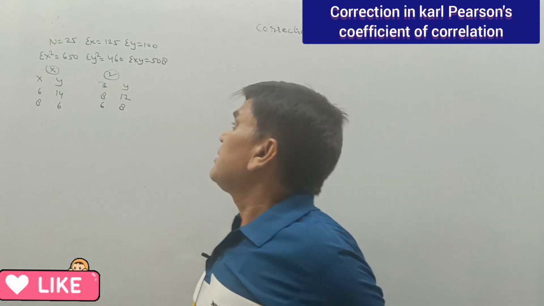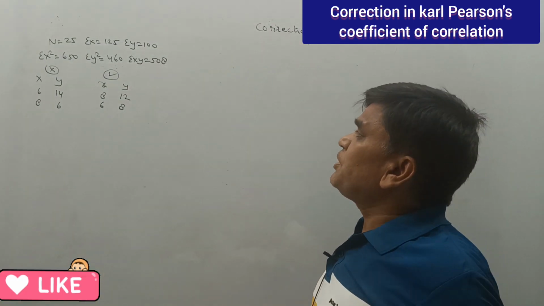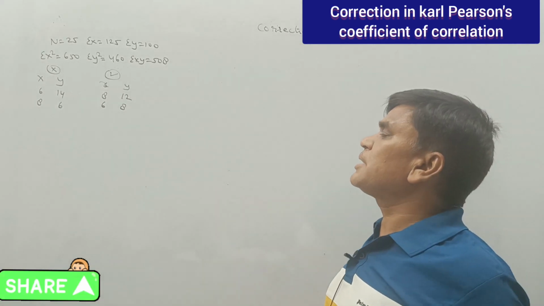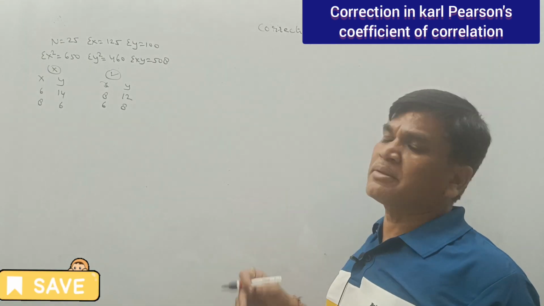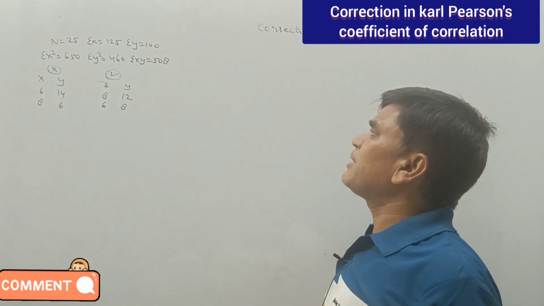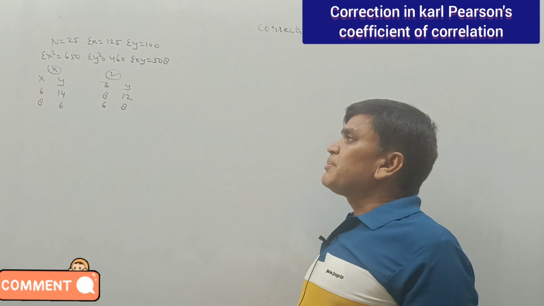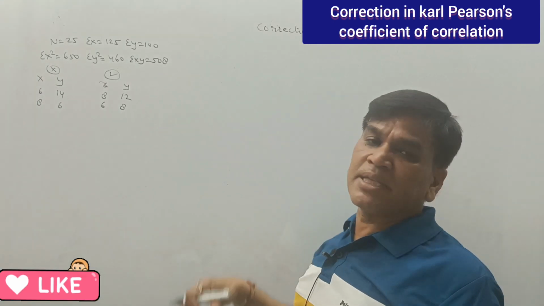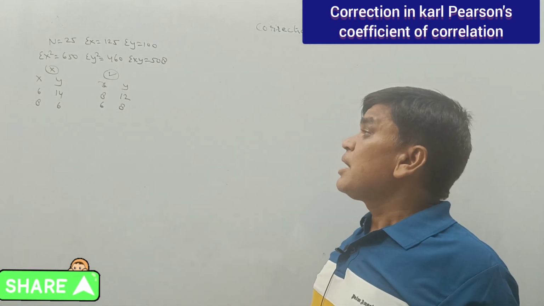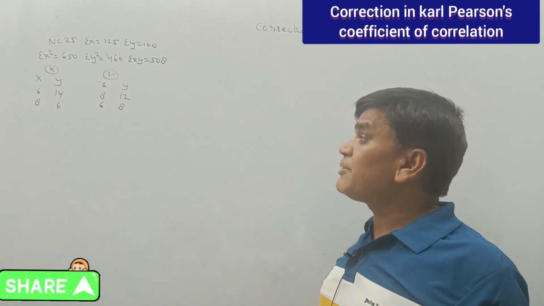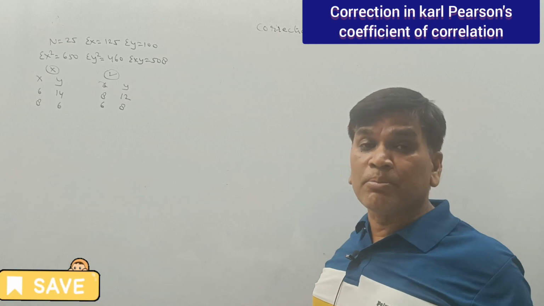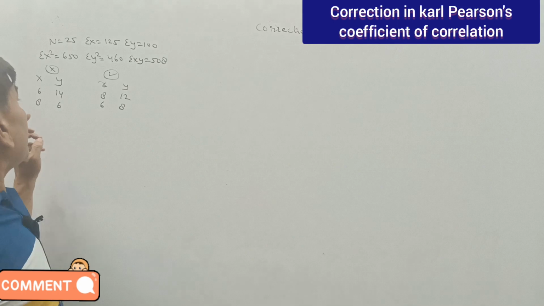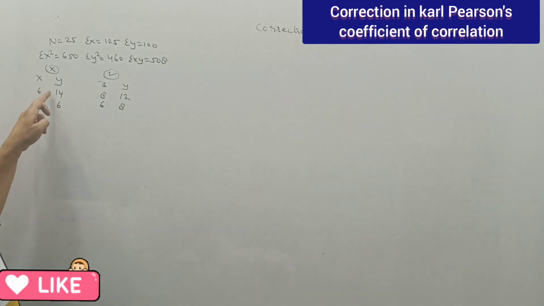So in this question, a computer operator has calculated the correlation value for 25 items. Sigma x is 125, sigma y is 100, sigma x square is 650, sigma y square is 460, and sigma xy is equal to 508. Later it was discovered that he misread the values: 6 and 8 for x, and 14 and 6 for y.